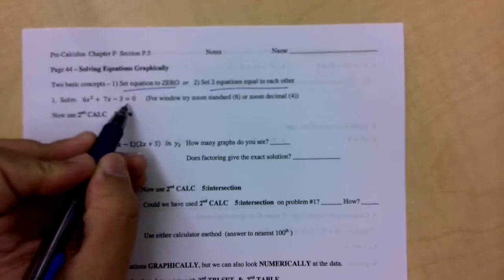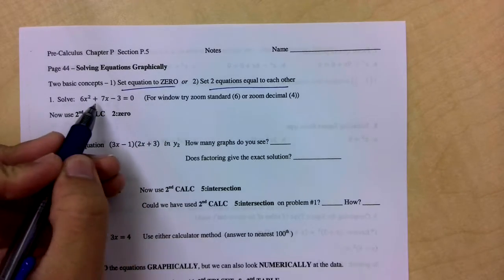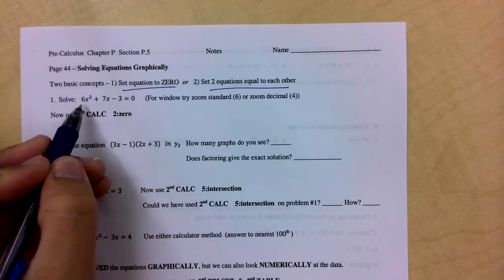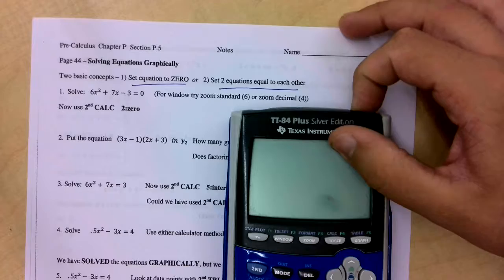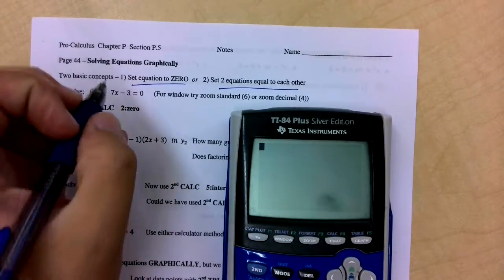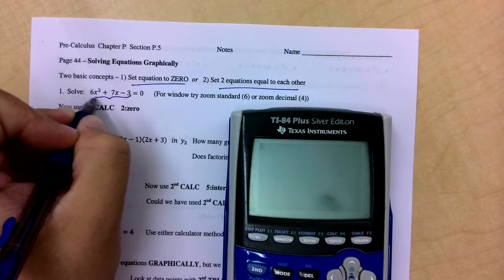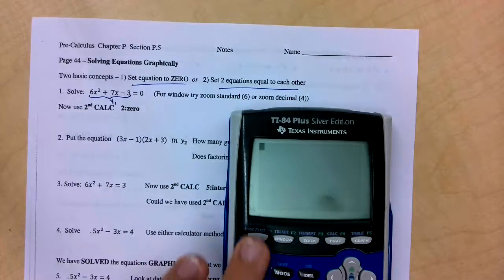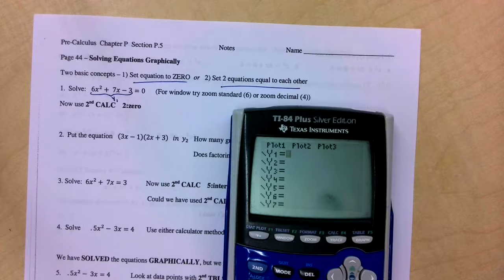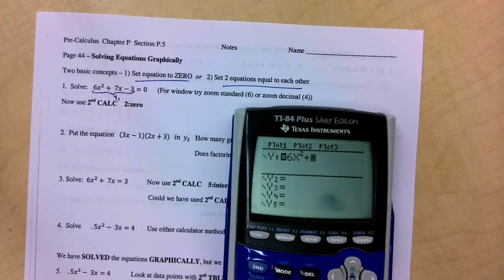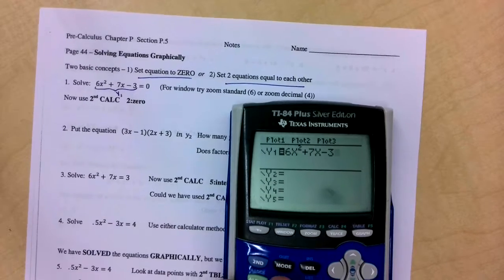So first thing is setting the equation equal to 0. Well, number one here already has that. So if I have my equation set equal to 0, the first thing I'm going to want to do is just put this equation into y1. So if I go to my graphing calculator, 6x squared plus 7x minus 3, we'll go ahead and put that in the calculator.